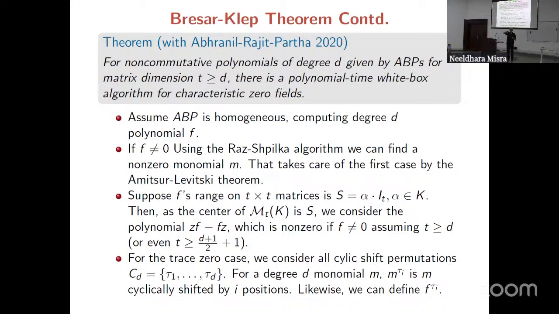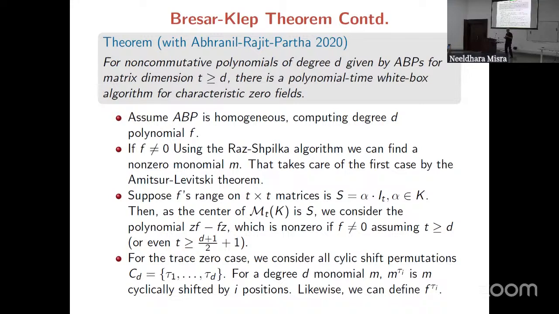The second observation is that if F has a small ABP, then you take any cyclic shift of all the degree D monomials. If you shift by I places, that new polynomial obtained by cyclic shift also has a polynomial-sized ABP. And if you add up all the cyclic shifts, using the right matrix substitutions which correspond to set multilinearization with cyclic shift, you will bring all the interesting things to the diagonal. So the trace will reflect whether it is zero or non-zero.